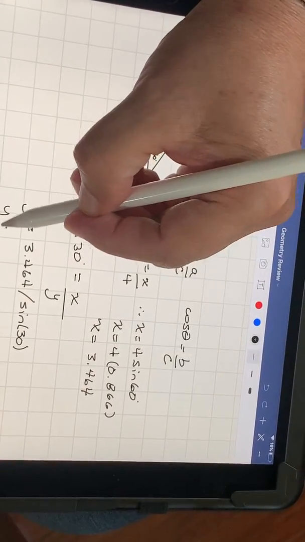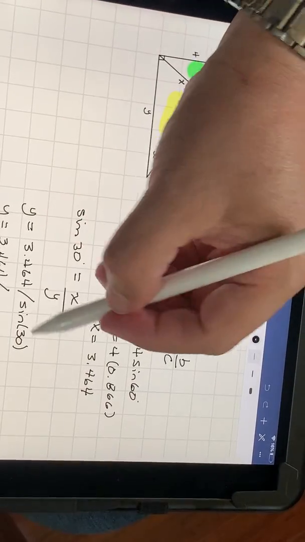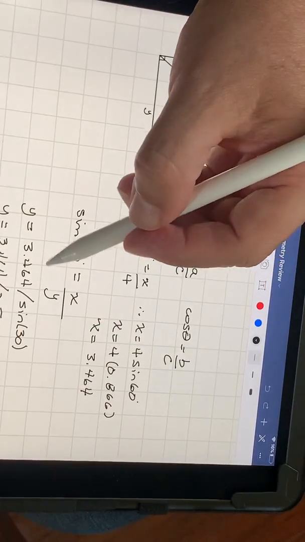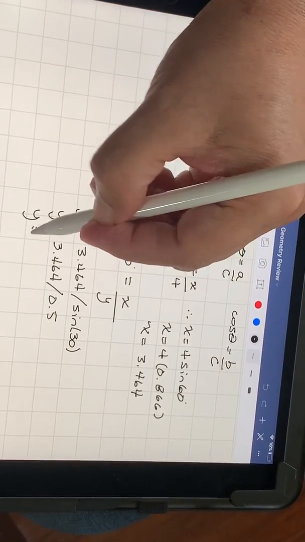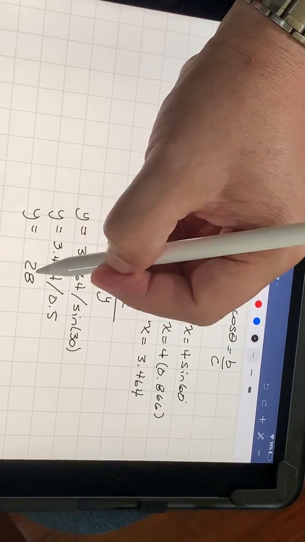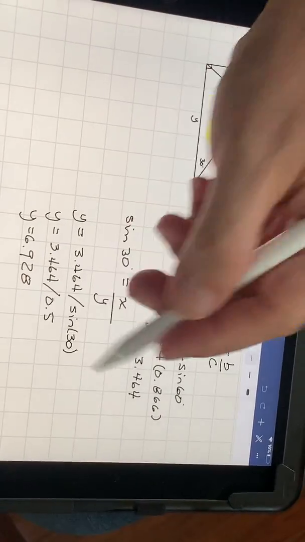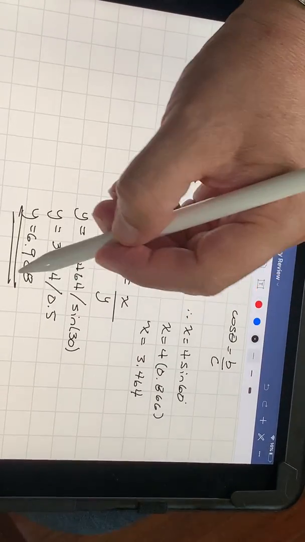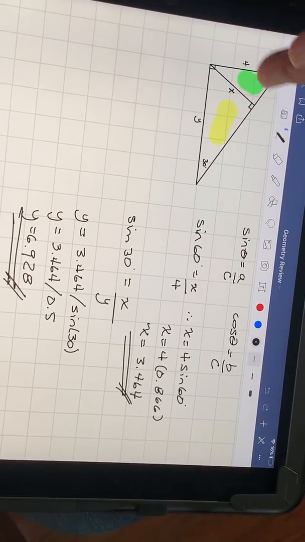So y equals 3.464 divided by the sine of 30, which is 0.5, or 1/2. So that means that y is going to be 6.928. And so now we have the values for x and y.